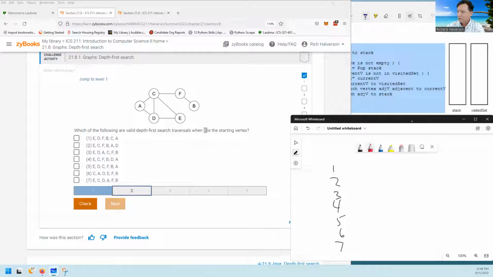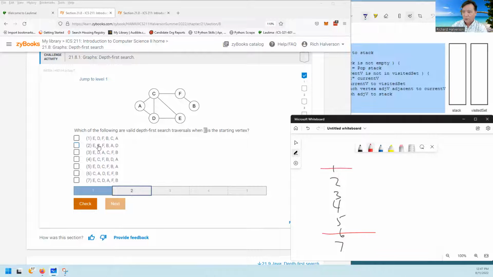We have crossed off 6 because it starts with C. That's no good. And 1, we just crossed off because E, D, F. You can't get to F. There's no reason to visit F. It wouldn't be in the stack. So let's eliminate 1.